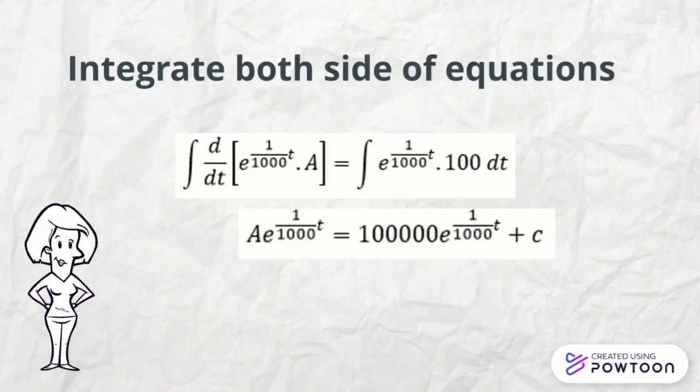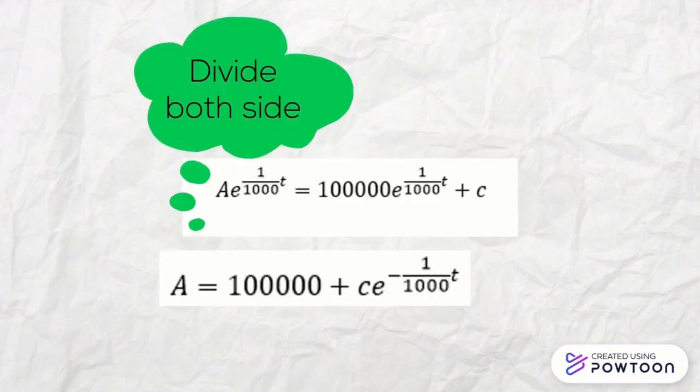After that, we integrate both sides of the equation, and we get A times e to the t over 1000 equal to 100,000 times e to the t over 1000 plus C. Then we divide both sides by e to the t over 1000, and we get A equal to 100,000 plus C e to the negative t over 1000.